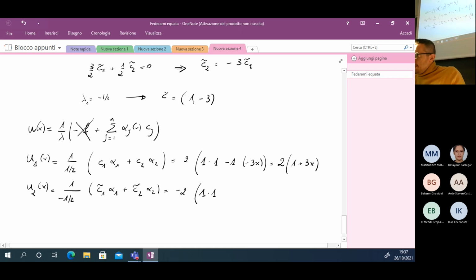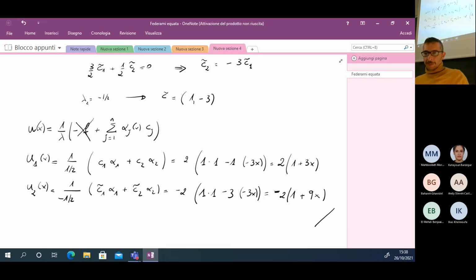C tilde 2 is minus 3, that multiplies alpha 2, which is minus 3x. So this is minus 2 times 1 plus 9x. Full stop. It's completely wrong here.